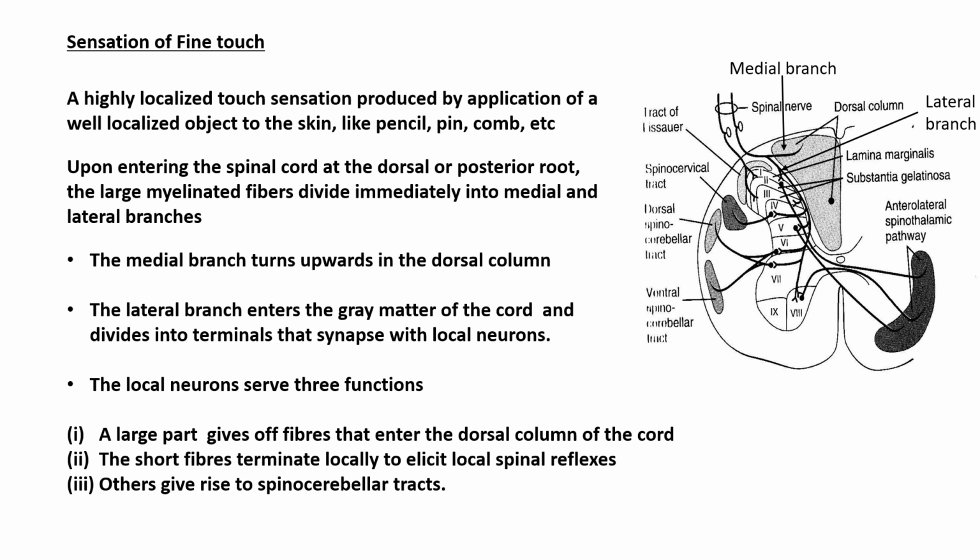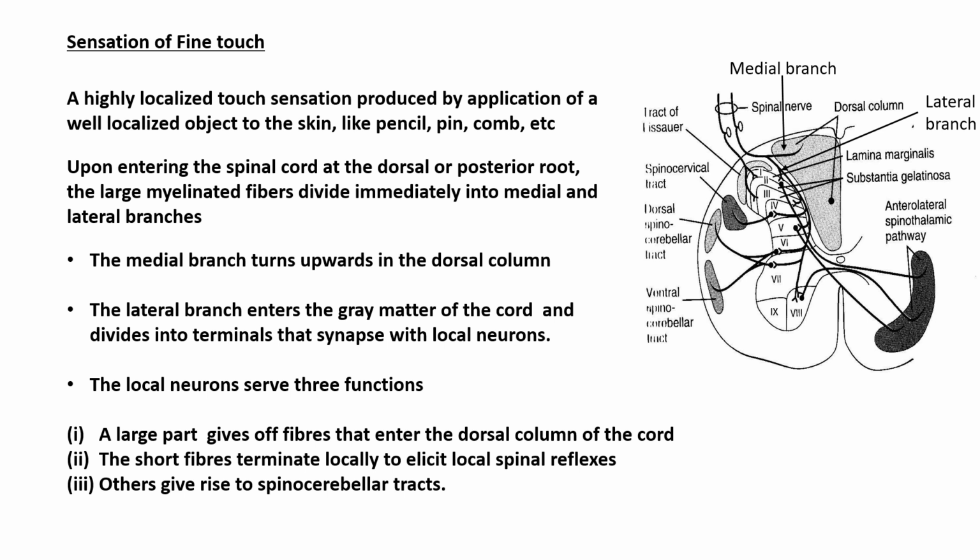pin, or comb. Right? Now, what happens is the impulses from the receptors are carried by the nerve to the spinal cord, and it enters the spinal cord through the dorsal or the posterior root. All right, and these are large myelinated fibers. And what happens to them is they divide immediately into the medial and lateral branches.